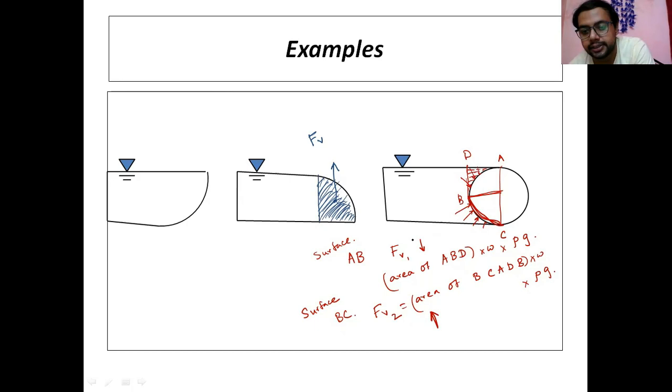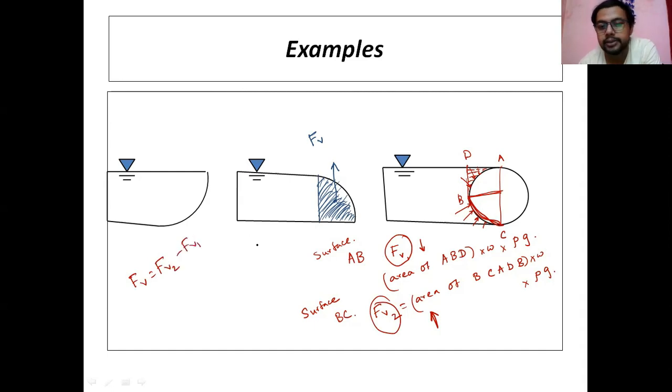Say FV1 is downwards and FV2 is upwards. So the net vertical force is FV2 minus FV1, because FV2 is more. So this total area minus this much.